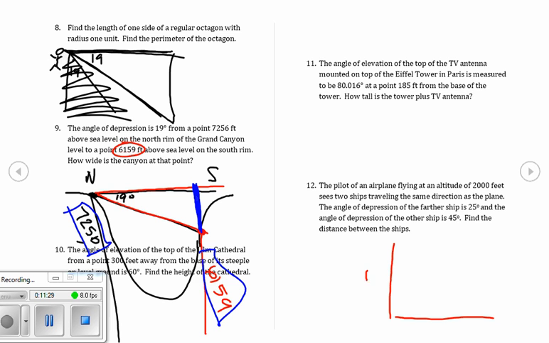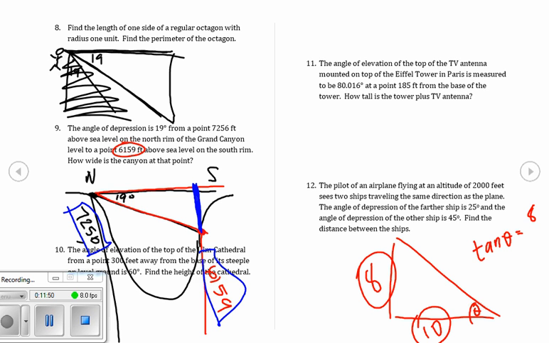If this is 8 and this is 10, I can figure out what that is just by using the Pythagorean theorem. Or I could figure out how many degrees these are by using inverses. Like, I want to know how big that is. I go tangent of my unknown angle is opposite over adjacent, 8 over 10. And you can do inverse tan to solve that.